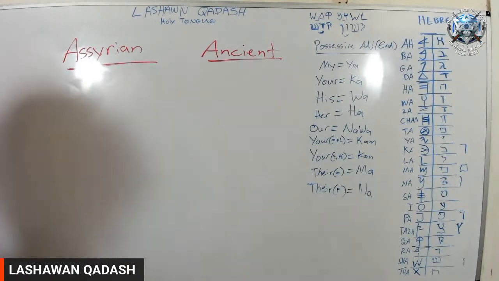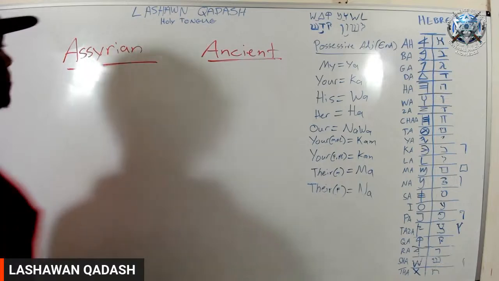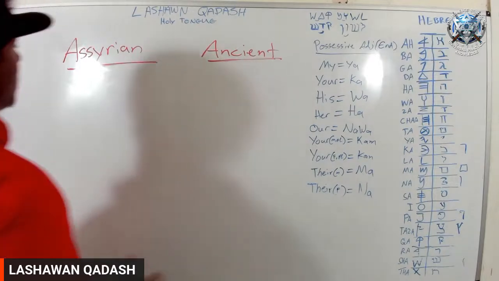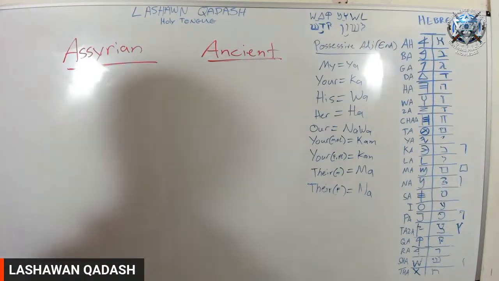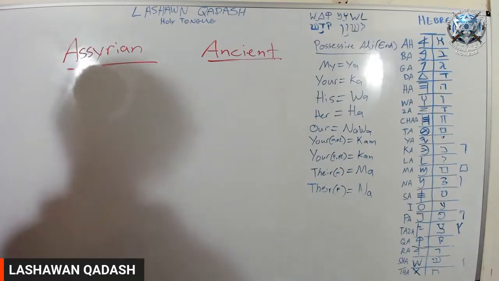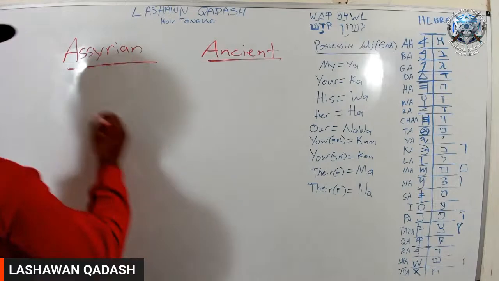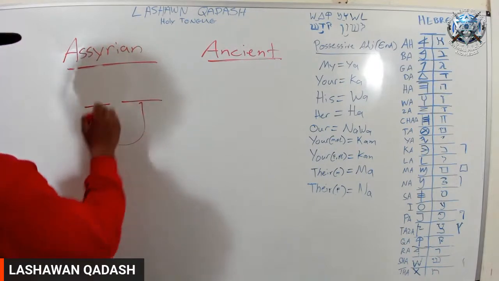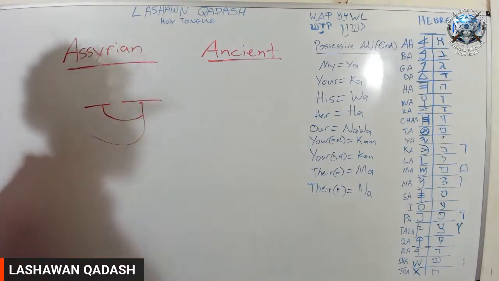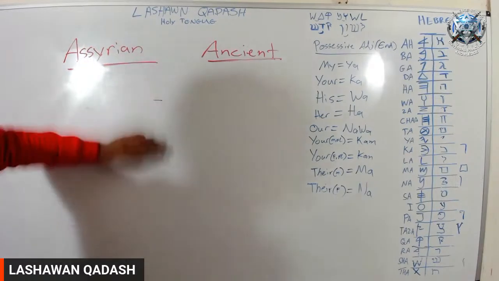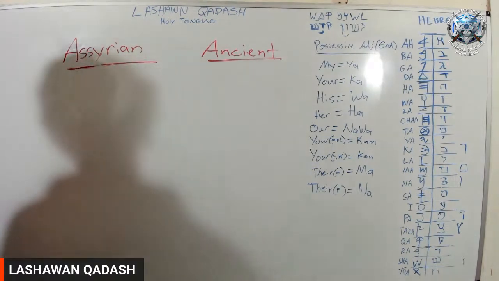Next character is Wa. Let me get the letter Wa. Nope. That would be I. How does Wa look?